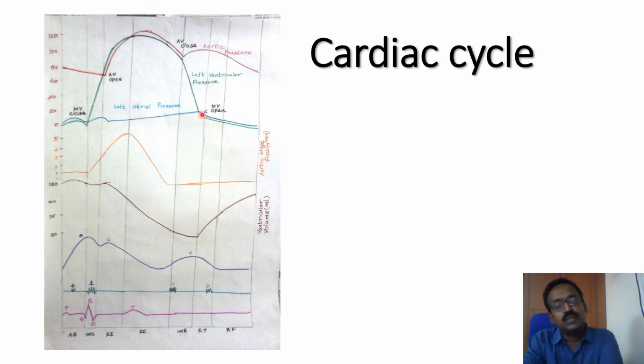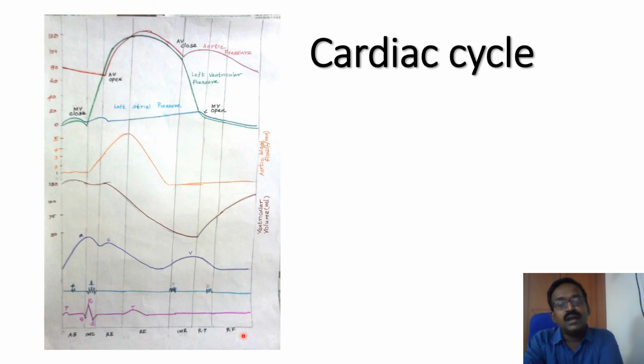It is just above the ventricular pressure. Aortic pressure has no change. Ventricular filling gradually increases, and ventricular volume increases due to the rapid filling. It produces a heart sound due to the inflow of blood from the atrium to the ventricle.